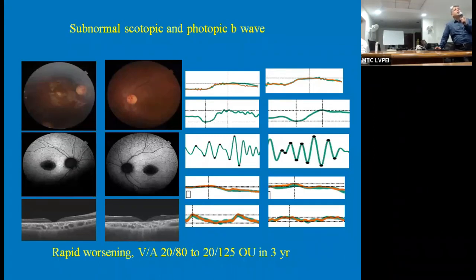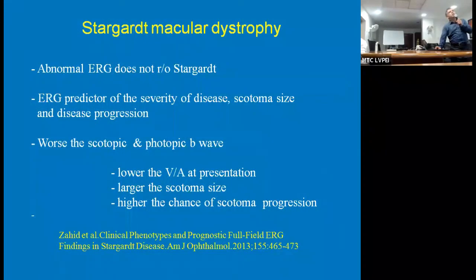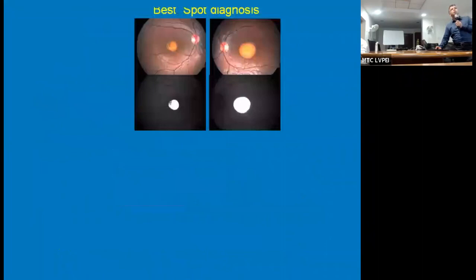But those types of Stargardt macular dystrophy who show affection of photopic and scotopic responses right at the time of presentation are the ones who are going to worsen faster and be much more affected than their other counterparts of Stargardt dystrophy. So this is how ERG helps in giving a prognosis, distinguishing which class of patients are going to worsen with time.